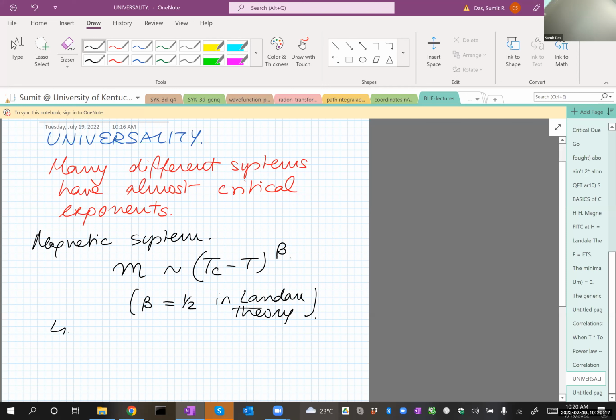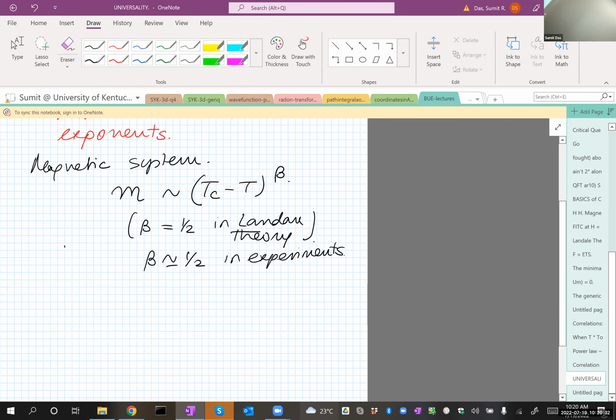And in liquid gas systems, beta is approximately half in experiments. In liquid gas, the analog of M is the volume per particle minus the critical volume.